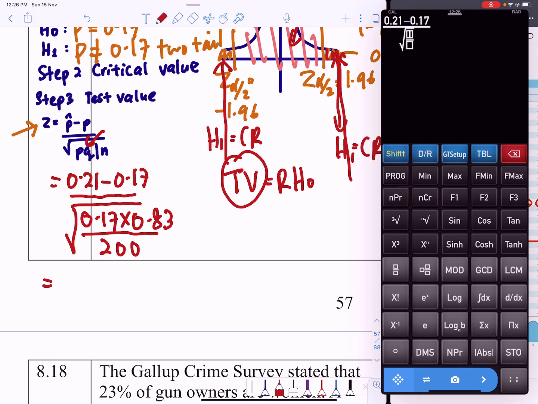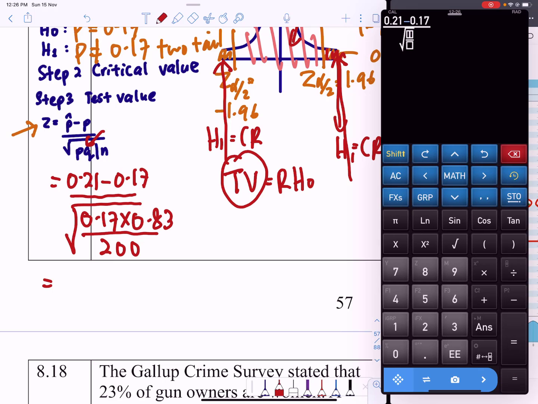Kemudian kita ada another fraction, 0.17 times 0.83 over 200, equals to 1.51.